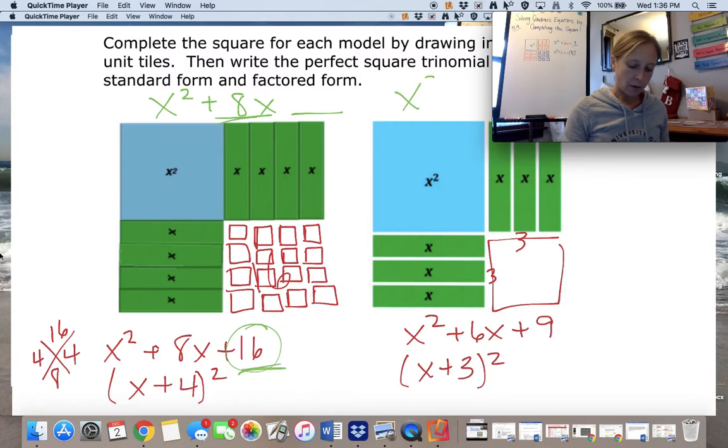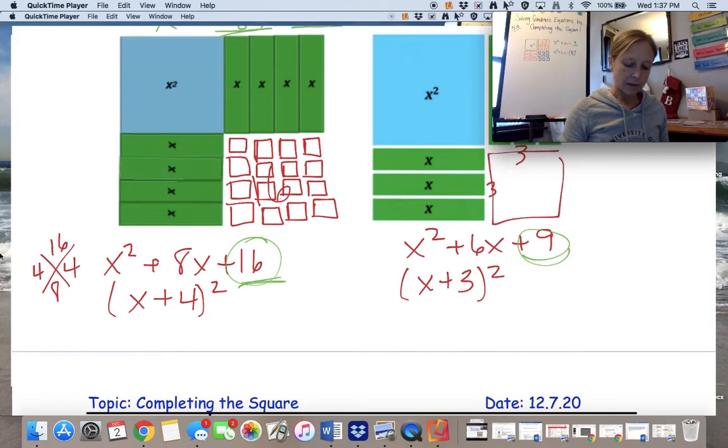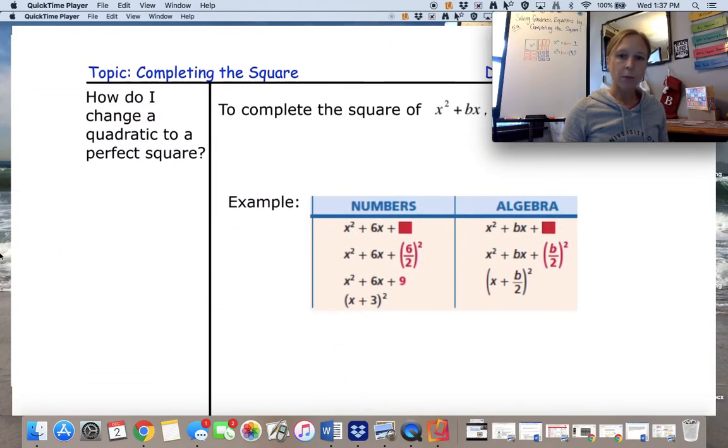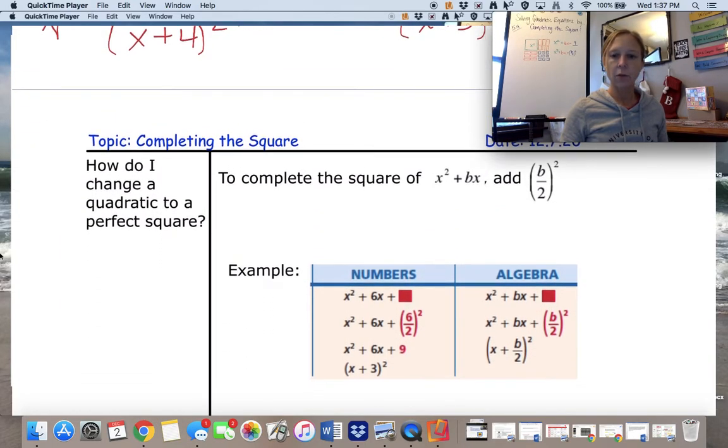In the second one, what we're given is 6 x's, okay? And what do we need to add? 9. What is that pattern? Well, that pattern is we have that b term, that 6. What we're doing is we're taking half of it because we're equally distributing half on top, half on the bottom, and then we're squaring it, okay?